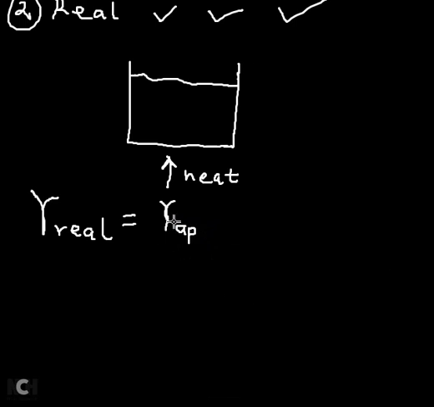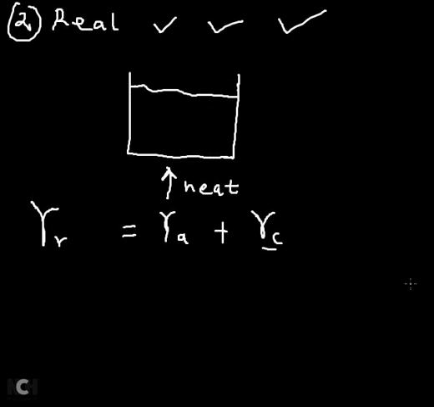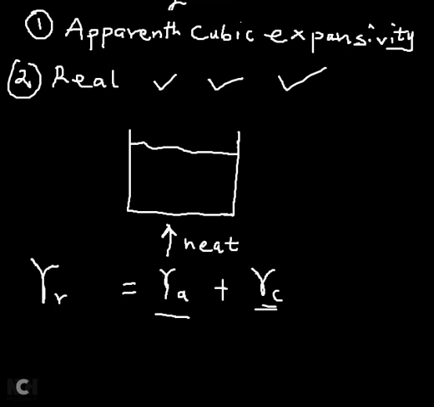Let me call it gamma A. So real expansivity gamma R is going to be equal to the apparent expansivity plus the expansivity of the containing vessel. I can use C to represent the containing vessel. So if the vessel is glass, that's going to be the expansivity of the glass. Please take note of that. So if you want to measure real expansivity, you have to add the apparent expansivity plus the expansivity of the containing vessel of that particular liquid. I hope that's well understood.